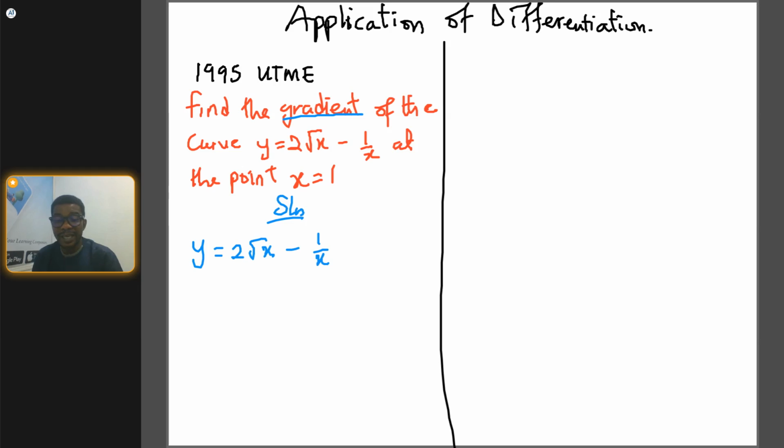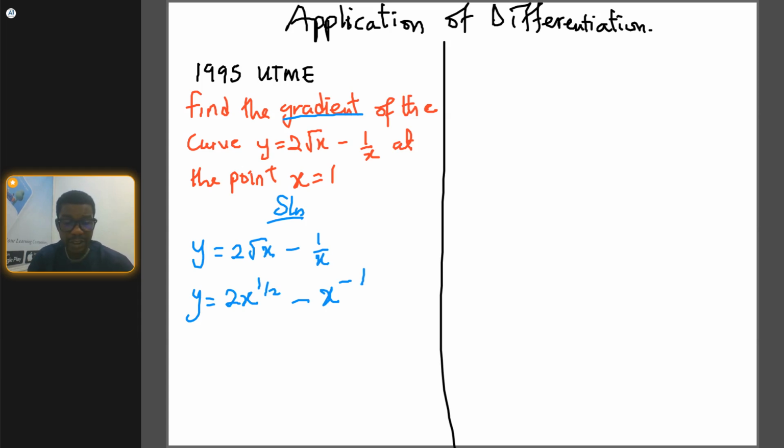But before we do that, let's first simplify the question itself. y equals 2 root of x, which means x raised to power 1 over 2, and 1 over x can also be expressed as x raised to power -1, applying the knowledge of indices.